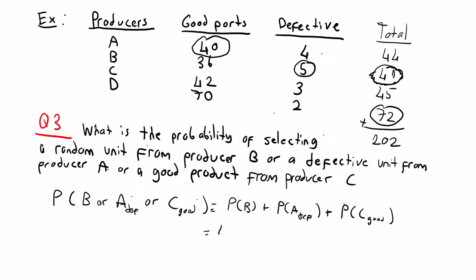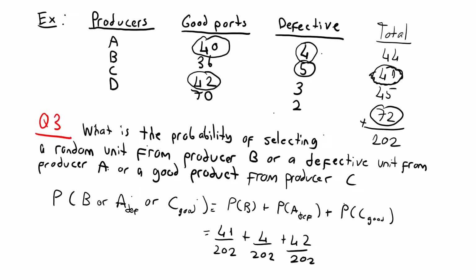The probability of selecting a random unit from producer B is 41 divided by the number of possible outcomes, that is 202, plus a defective unit from producer A, which is 4 divided by 202, and a good product from producer C, and that is 42 divided by 202.